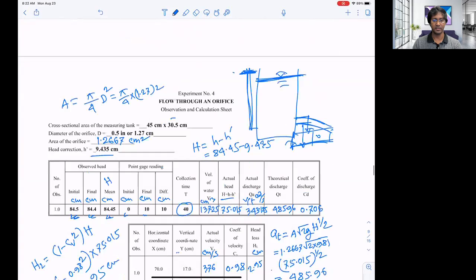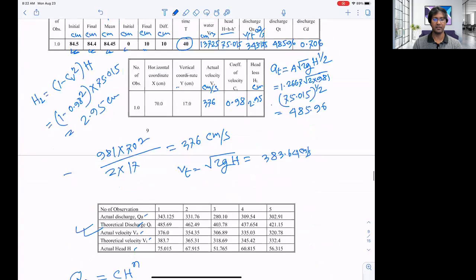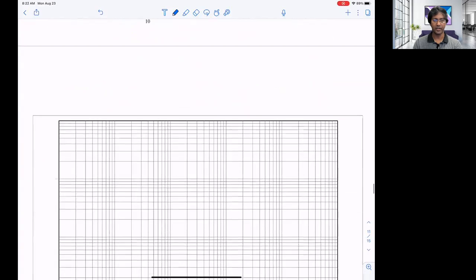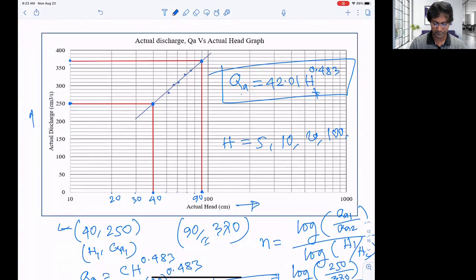And these are the calculations I just showed you. Okay, and that is the graph, and that is the way we can calibrate any device, right? So you can even calibrate your own model.